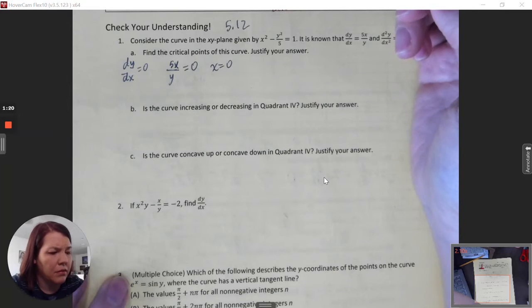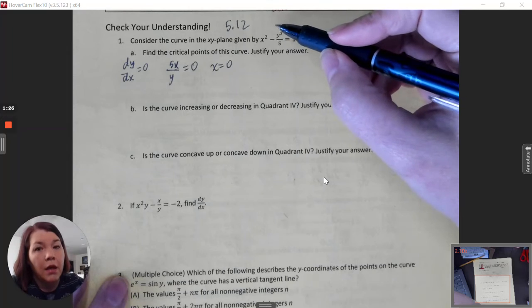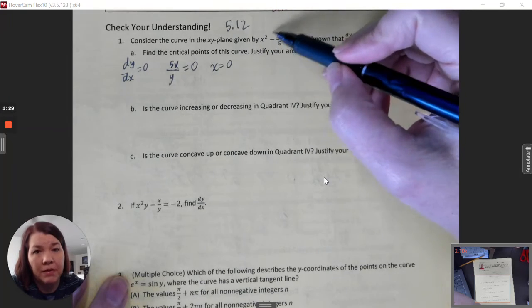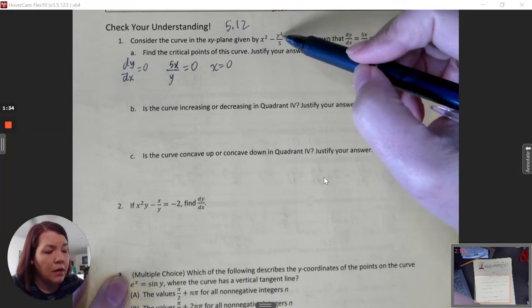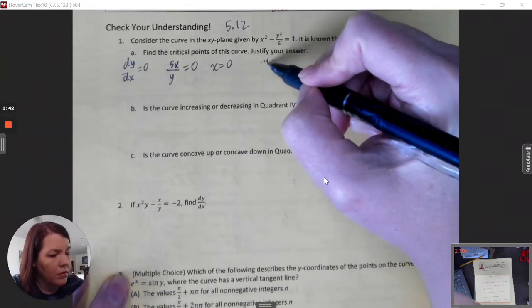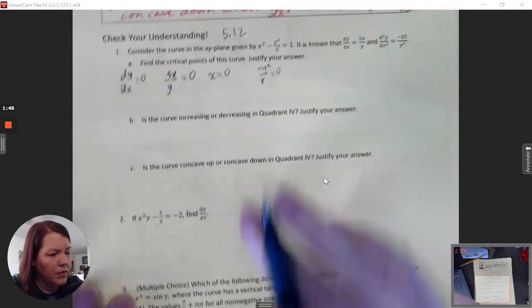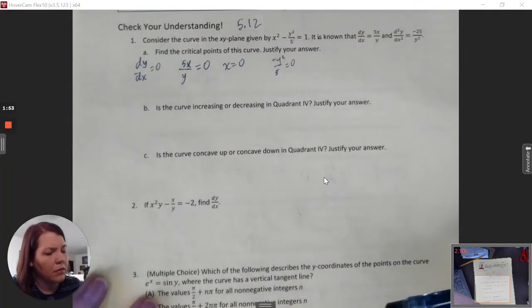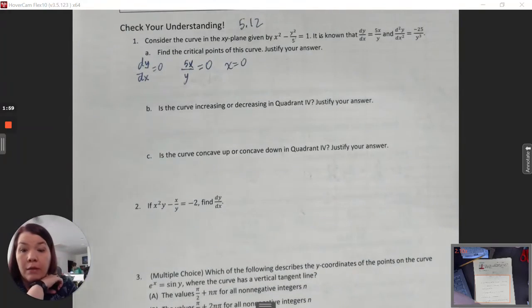The y has a value. Yep, it does. So when x is 0, that means this would be equal to 1. And so this equals 1. I don't know if this opens sideways or up. Hang on. It's opening sideways. I'm going to look at the picture.